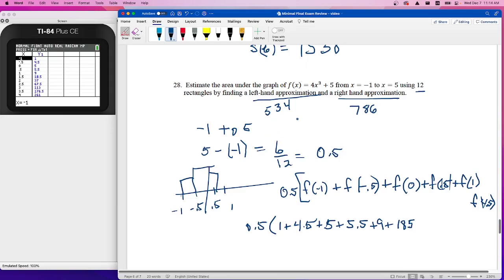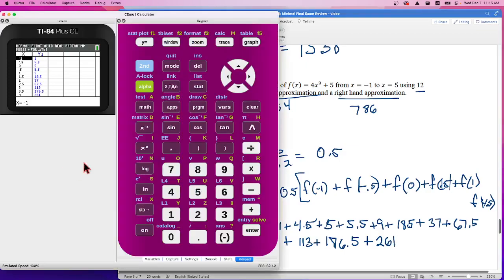All right, by the time we're done, we'll end up with the 534. Plus 37, plus 67.5, plus 113, plus 176, plus 261, and then I need 4.5.